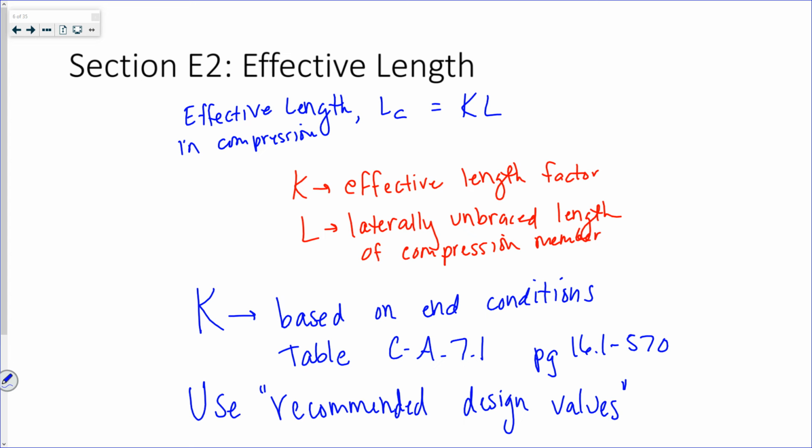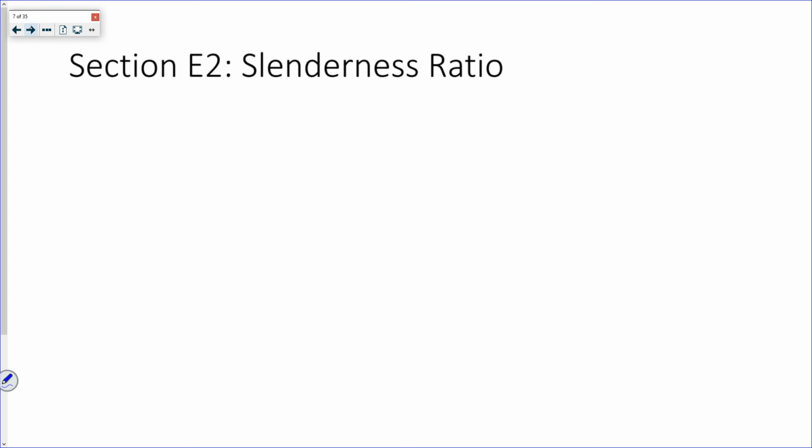Now if we go back to chapter E, we're still in E2. They also talk about a slenderness ratio.